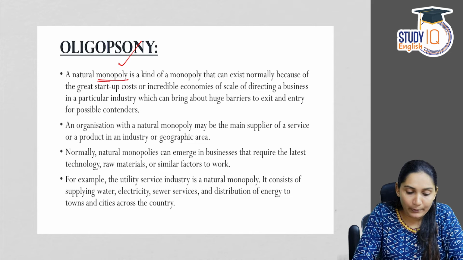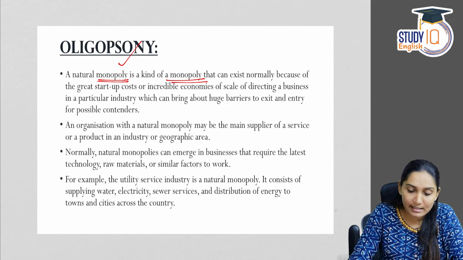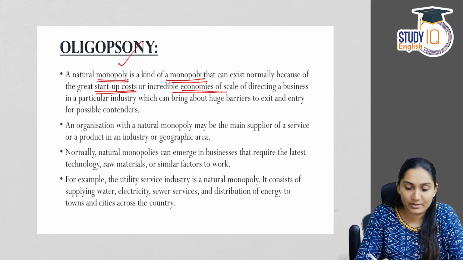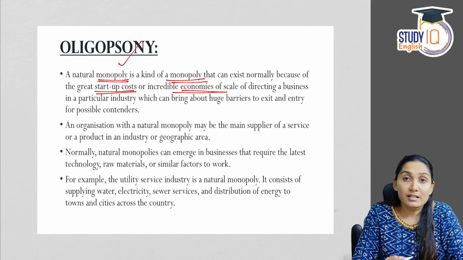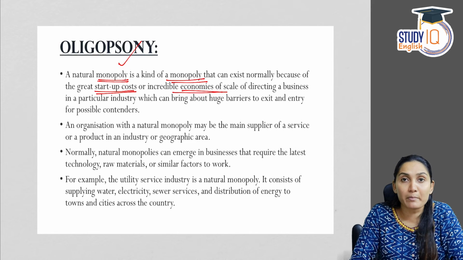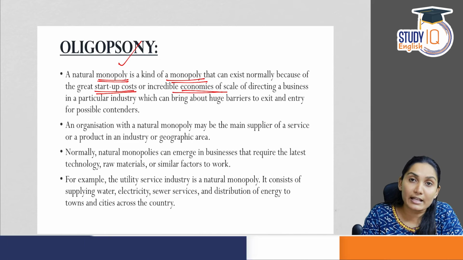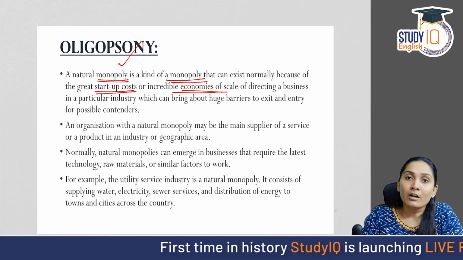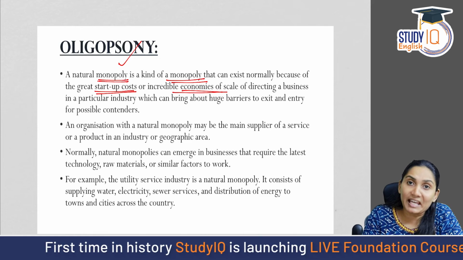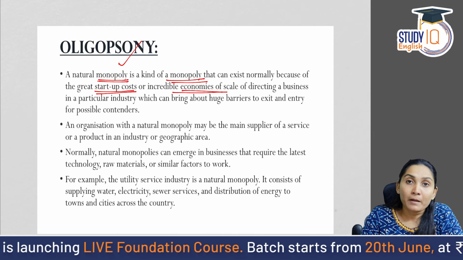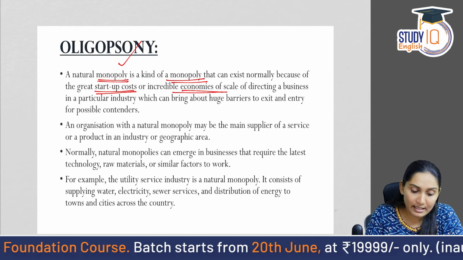It's a natural monopoly, a kind of monopoly that can exist normally because of greater startup cost or incredible economies of scale of directing a business. So here see, it's not because of restrictions that the monopoly have emerged. It is because of the natural factors, like the cost of establishing a firm would be very high, or the economies of scale would be very high. So because of the natural factors, there have been a monopoly, and that is what we call as a natural monopoly.